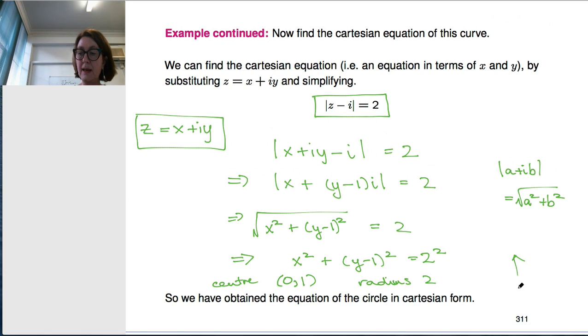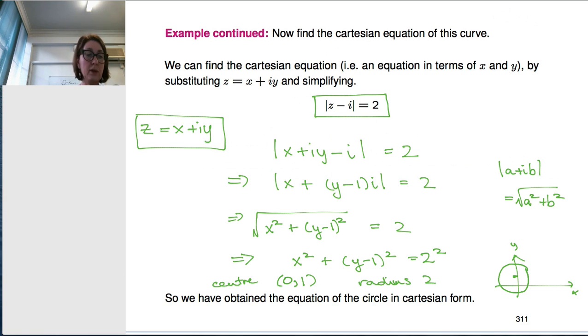And if you drew that in the xy plane, it would have centre (0, 1) and radius 2. So it would look exactly like the picture that we just drew in the complex plane, except now we're just representing it by a pair of real coordinates.